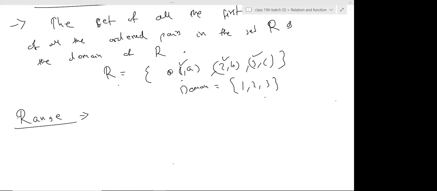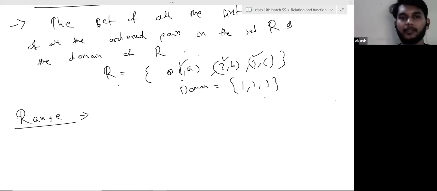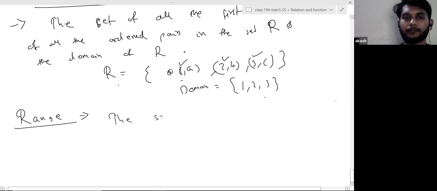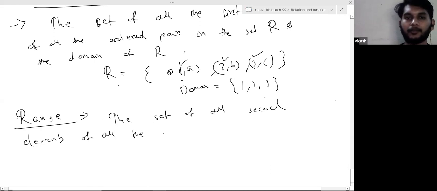Yes, sir. All right. What is range? Range is just the opposite: the set of all second elements of all the ordered pairs in the set R is the range of R. All right.